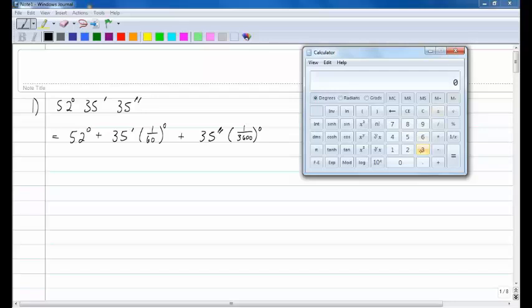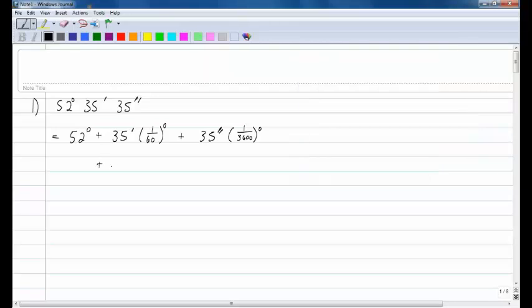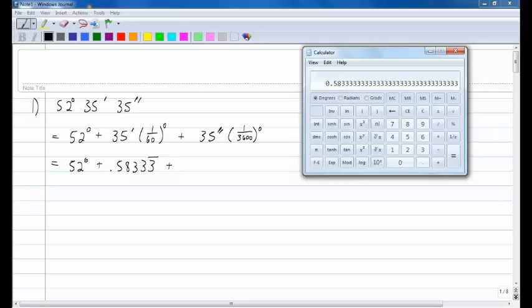So I'm going to use my calculator. 35 divided by 60 is 0.583 repeating. I'm just going to carry the 3 out a couple places. Now convert the seconds over.